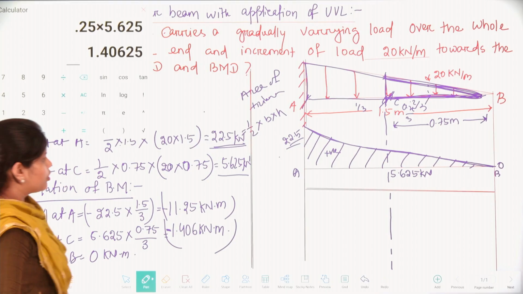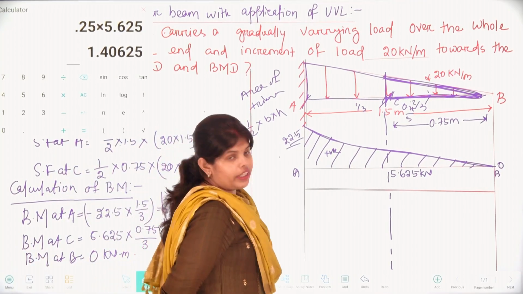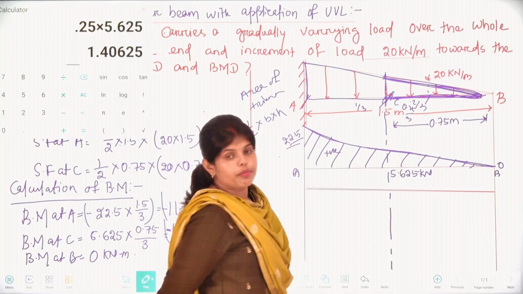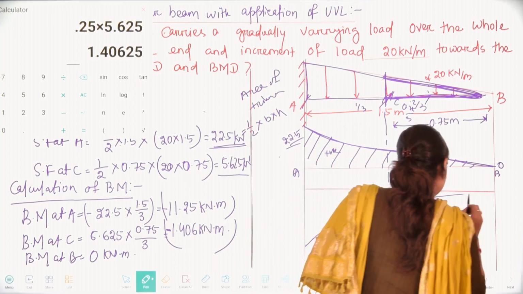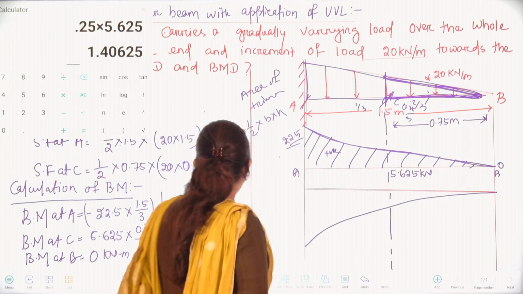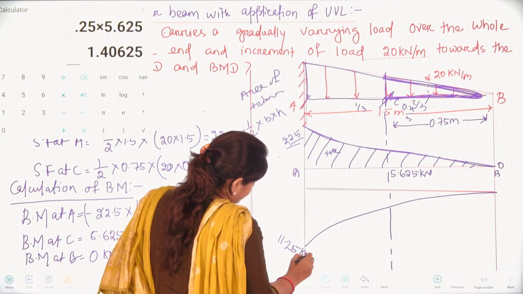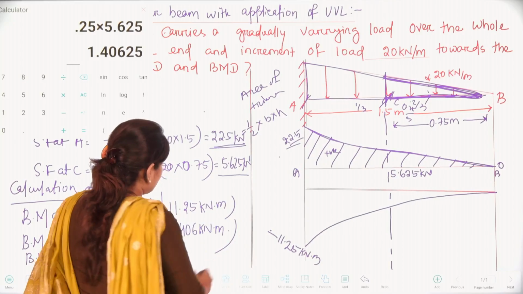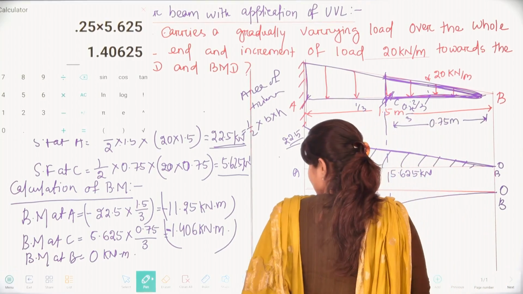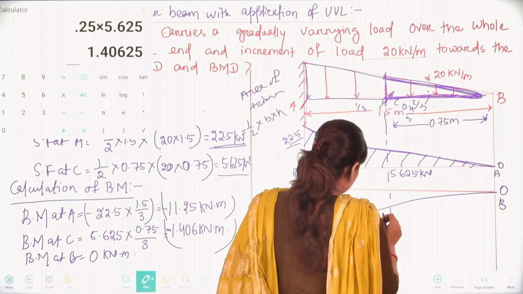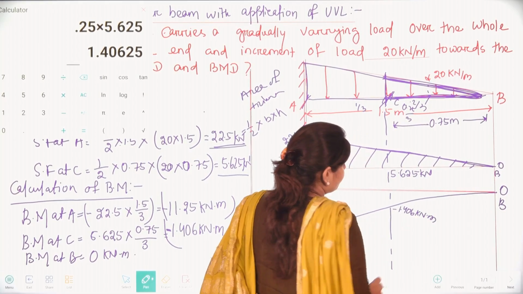You need to remember that in the case of a cantilever beam with UVL, the shear force diagram will be parabolic. And the bending moment here is 11.25 kilonewton meter in negative, at B it is 0, and at C you have minus 1.406 kilonewton meter.